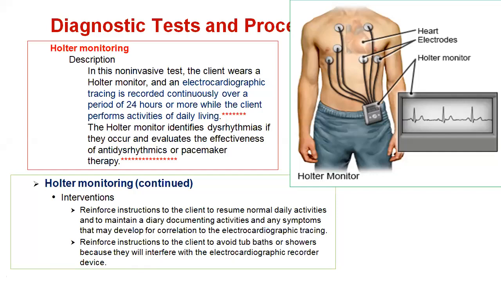Sometimes we record the electrical activity of the brain, and that is called EEG, meaning electroencephalography, for the brain, but EKG is for the heart.